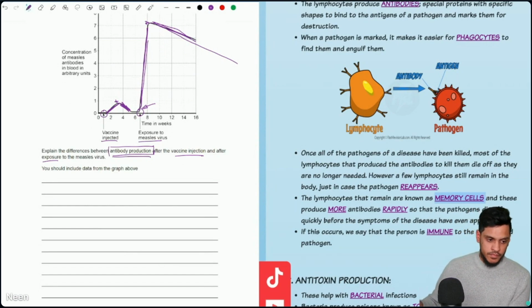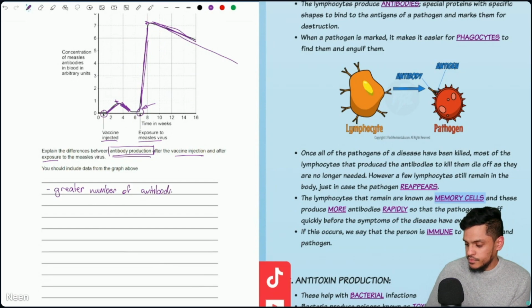But things you can say is there's a greater number of antibodies produced. That's why this peak is higher.